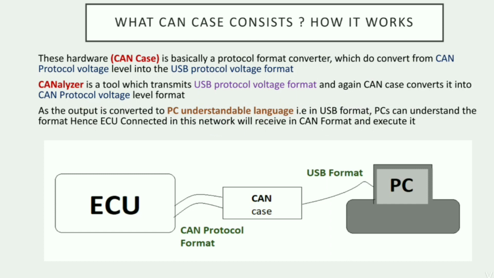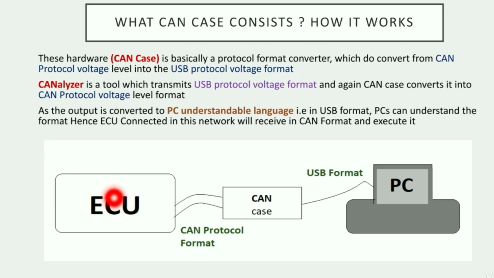See here, this is the ECU. You can consider any issue: an airbag issue or a braking issue, or a climate sensor, whatever it is. Just say it's the airbag.